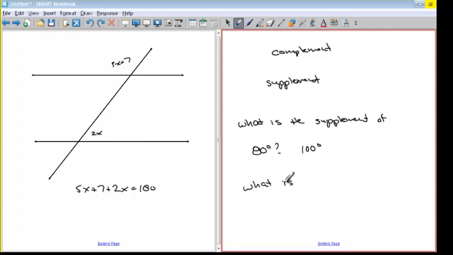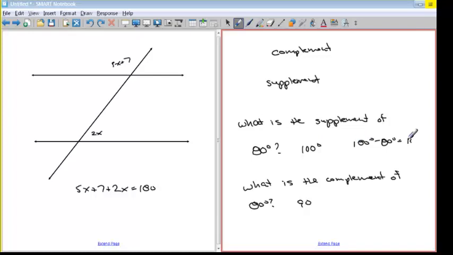Likewise, what is the complement of 80 degrees? It's the angle which added to 80 equals 90. To get 100, we took 180 minus 80.